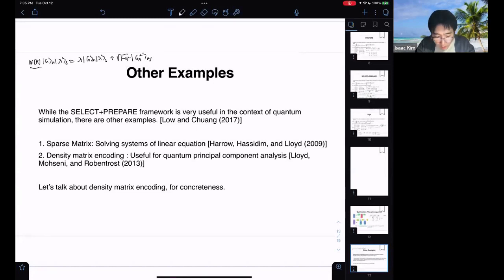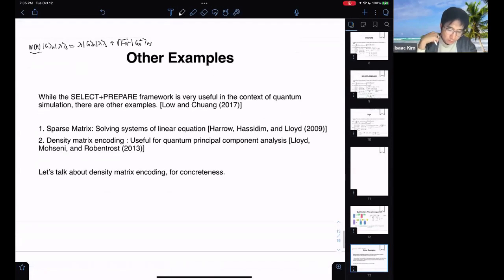For now, this is like the go-to method for Hamiltonian simulation. But in the future, maybe somebody will come up with a better method, better framework. I just wanted to point out that there are other ways to encode a matrix into a unitary, and these were not developed in the context of Hamiltonian simulation.